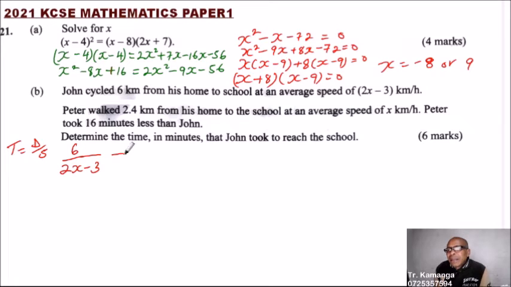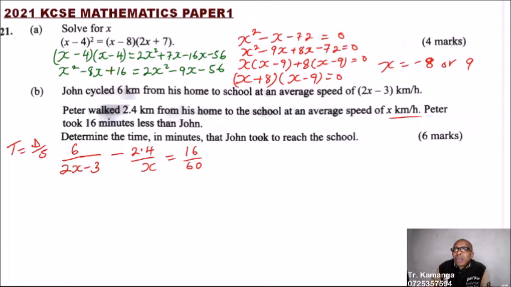If you subtract the time taken by Peter, which is 2.4 divided by the speed, which is x, that should give you 16. But 16 is in minutes, and our speed is in kilometers per hour, so you divide by 60 to convert 16 minutes to hours.